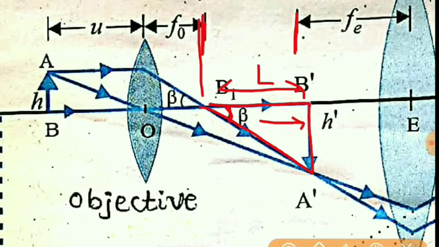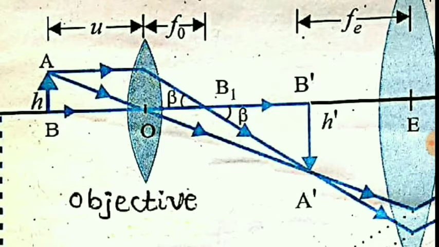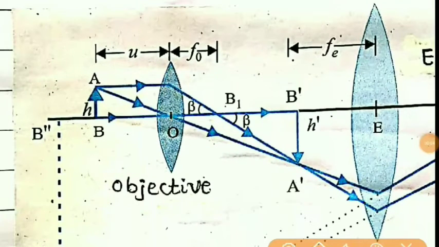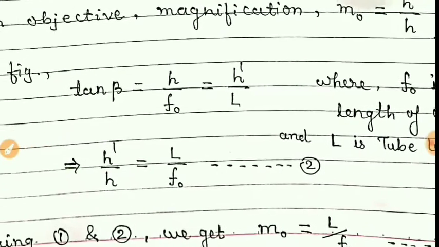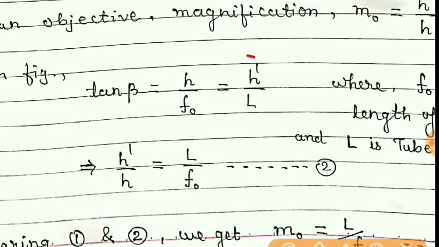You can say this is the focal point for the objective, and this is the focal point for the eyepiece. So the distance between the two focal points is the tube length. So it is clear that tan beta is equal to h dash upon L.